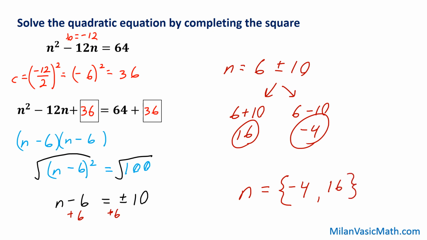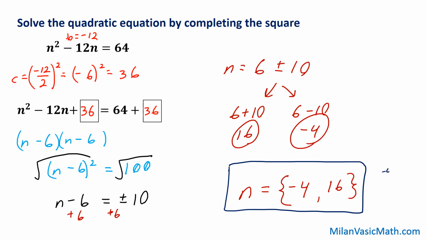You could do a quick mental check with one of them. For example, if negative 4 squared is 16 minus 12 times negative 4. So we have 16 plus 48, and that does equal 64, so it does work out.